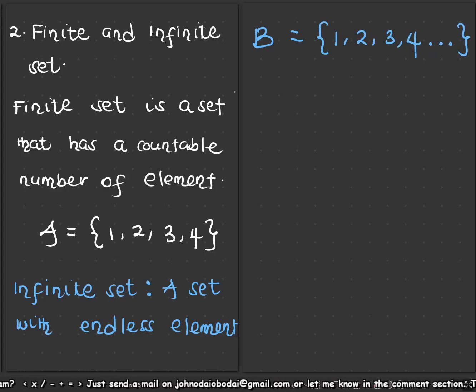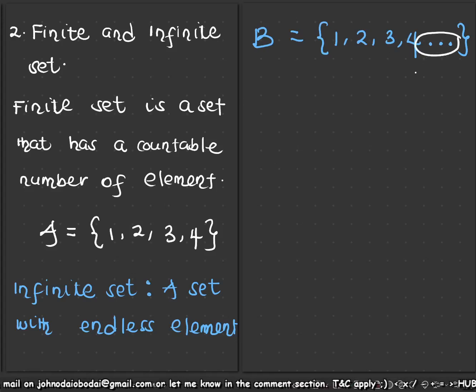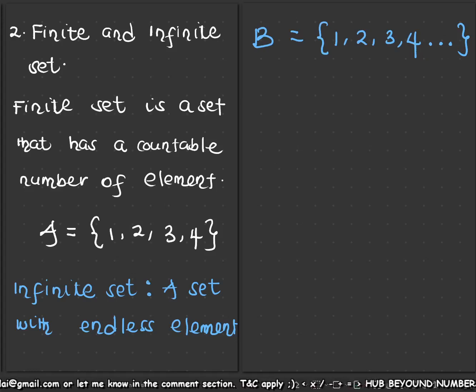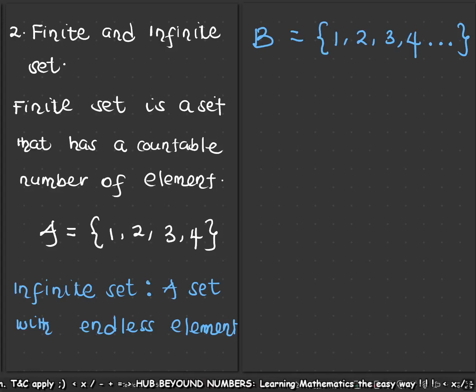And because we can't write all of them, we end it with these 3 dots over here to show that it is an infinite set. The number of elements goes on and on and can't be counted. So that is it for finite and then infinite sets.